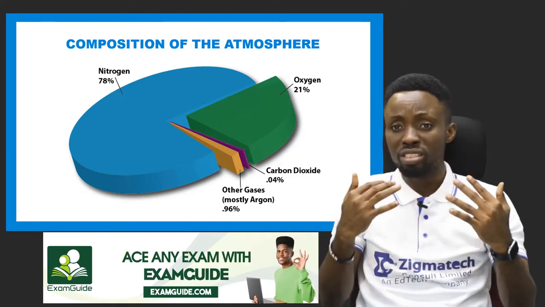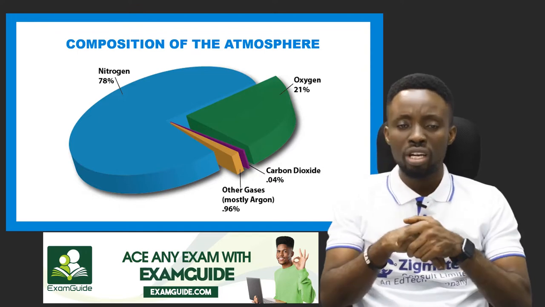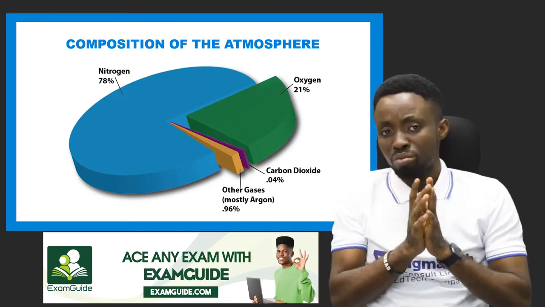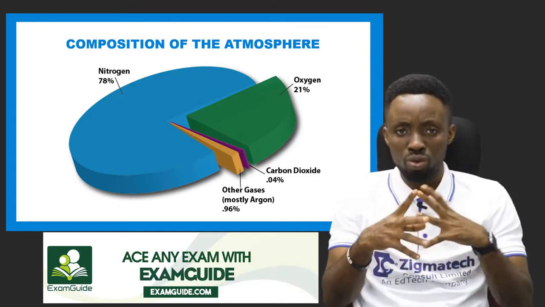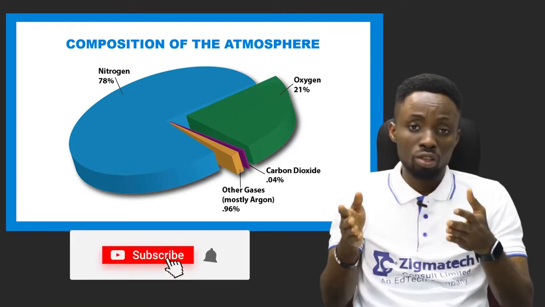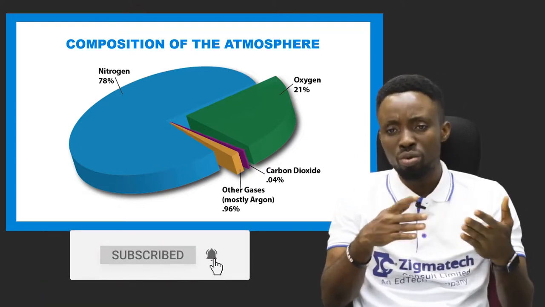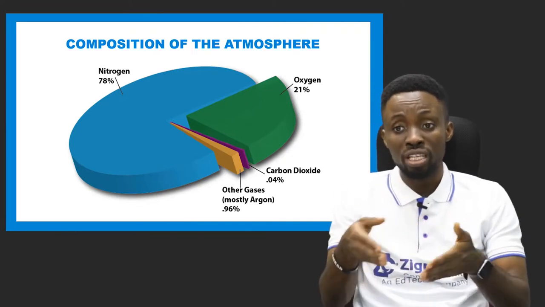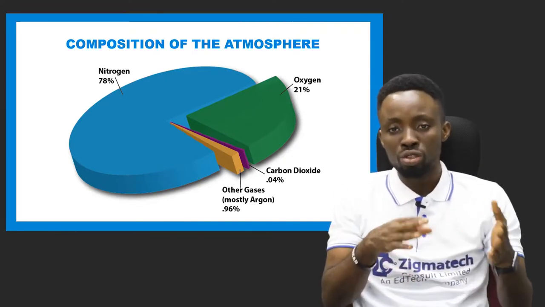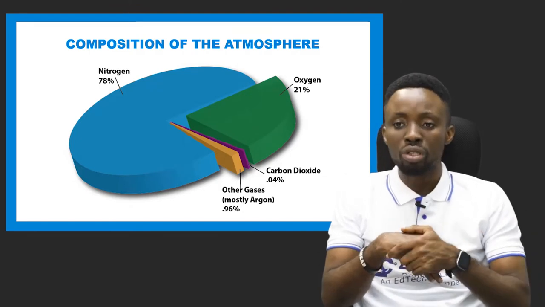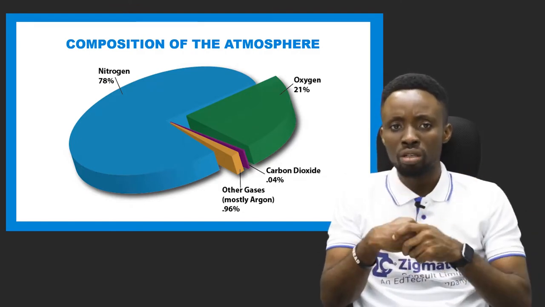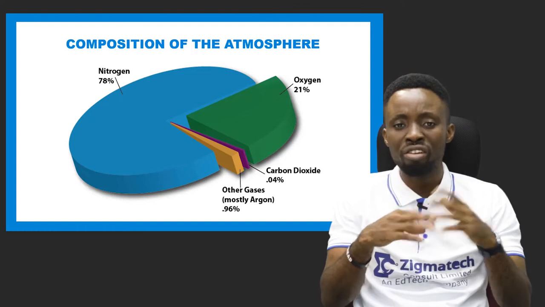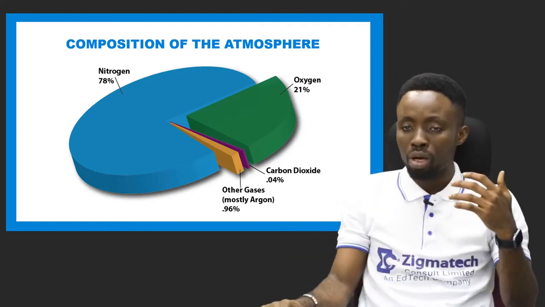Approximately 78% of the atmosphere is made up of nitrogen, while 21% is oxygen, and about 0.04% is carbon dioxide, and the remainder is what comprises the noble gases. Then we have dust and water vapor in variable amounts.